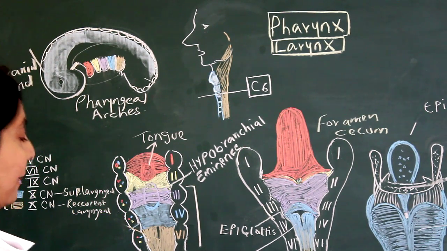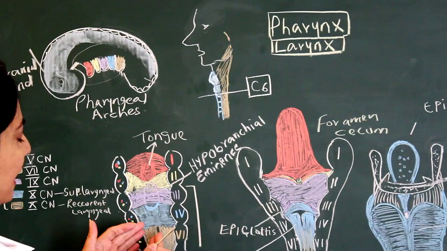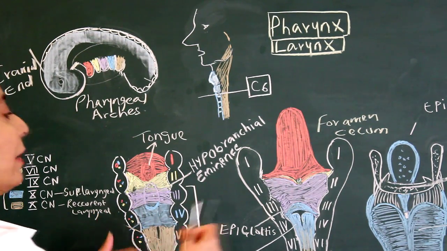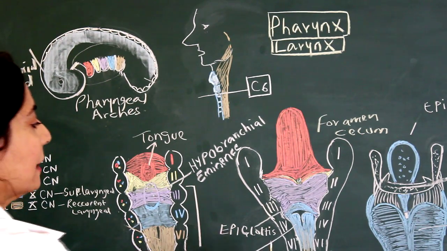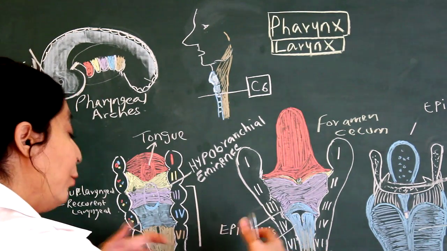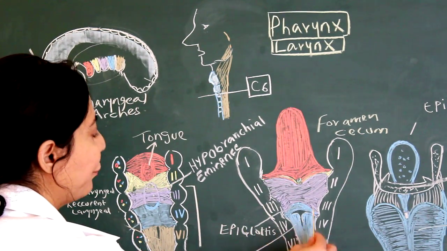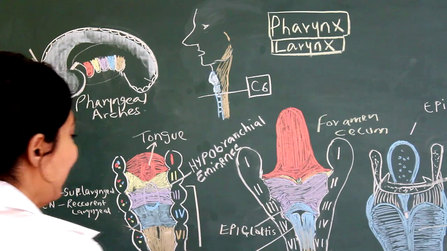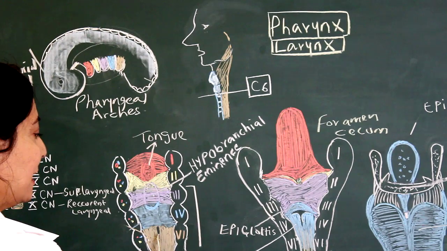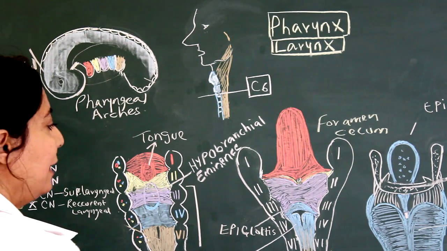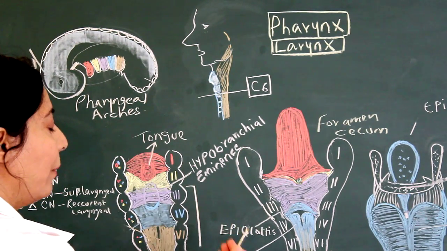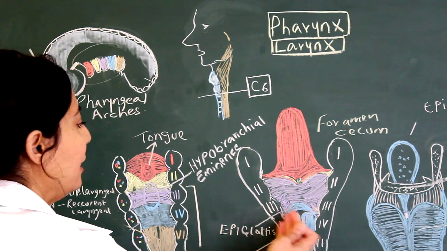Initially, during the 4th week, the glottis is a longitudinal slit. As development progresses in the subsequent weeks and the other cartilages develop, due to the growth of the arytenoid cartilages and further development of the epiglottis, this straight longitudinal slit-like glottis will transform into a T-shaped opening, which is the adult appearance of the laryngeal opening.